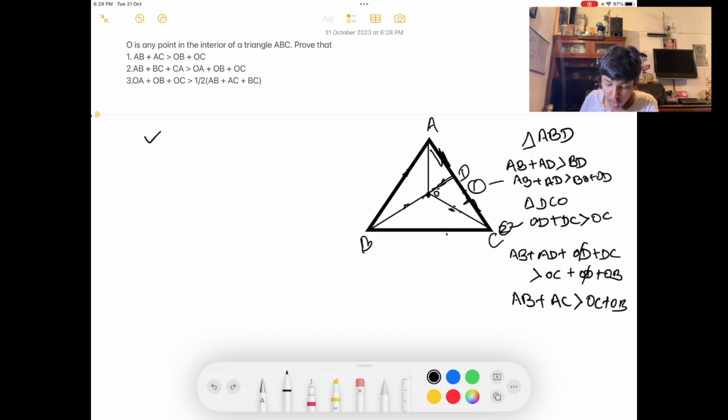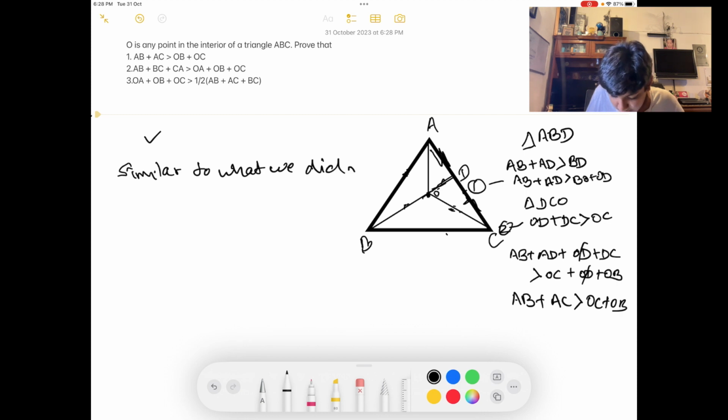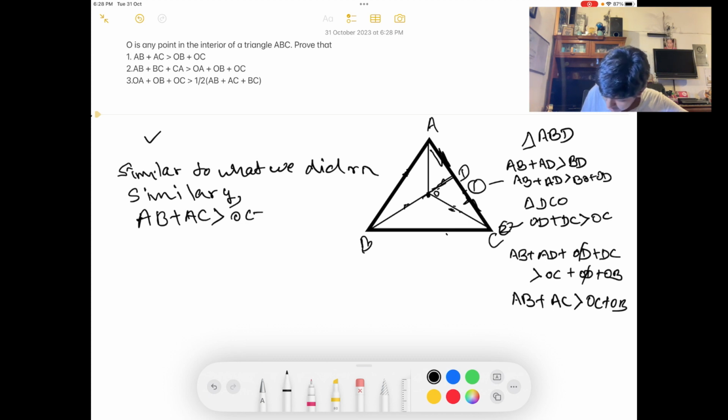What we have to do is write similarly to what we did right now. So we had shown that AB plus AC is greater than OC plus OB.